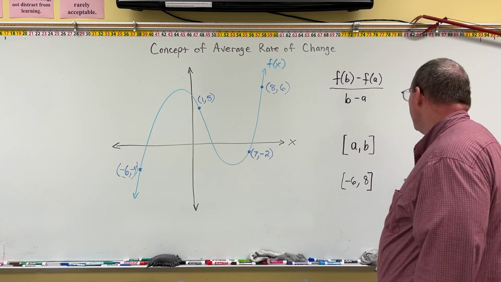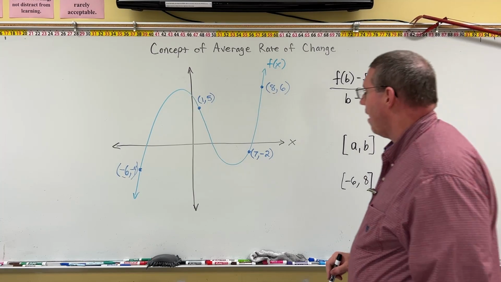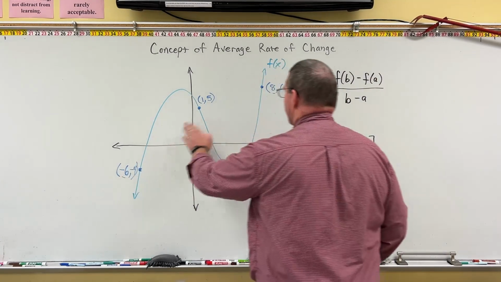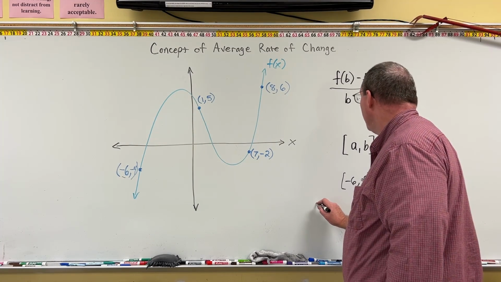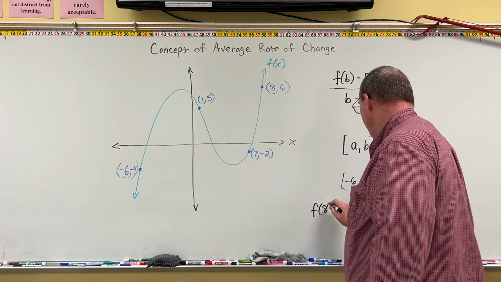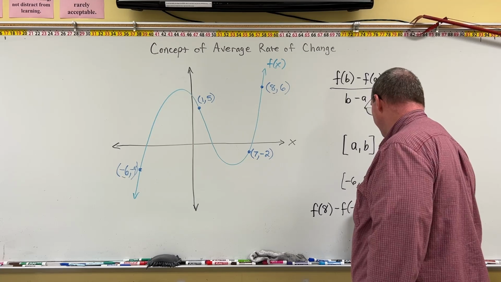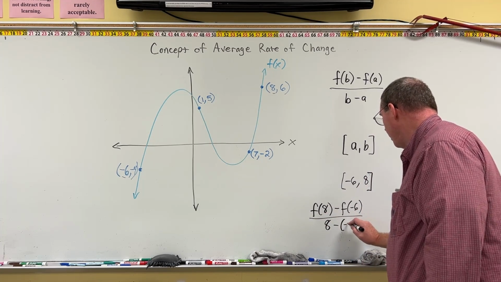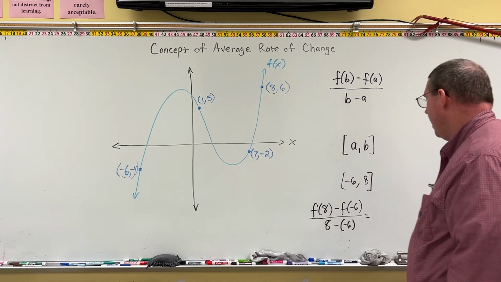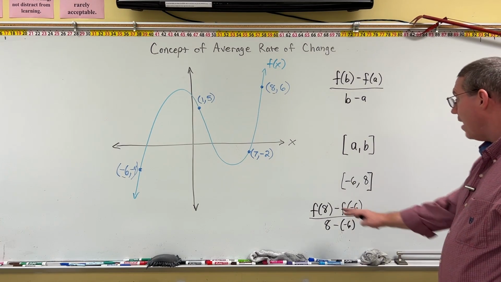And so, if we wanted to identify the average rate of change between (-6, -4) and (8, 6), what we would do is f of 8 minus f of -6 over 8 minus -6. And how would we do that? Well, f of 8 is given to us.